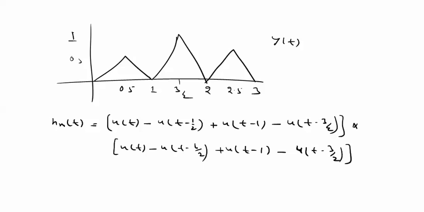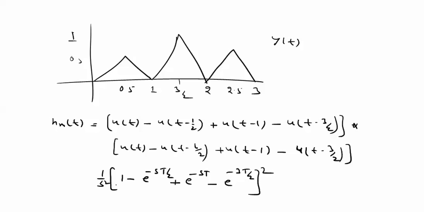By convolving these two terms, we have to take the Laplace of these two terms: 1 by s times 1 minus e power minus s/2 plus e power minus s minus e power minus 3s by 2. Both are similar terms, giving s square. Expand this term, take the inverse, and we get this type of result.